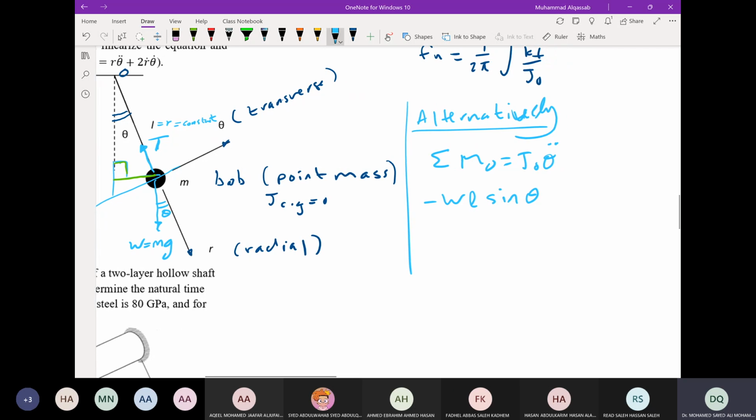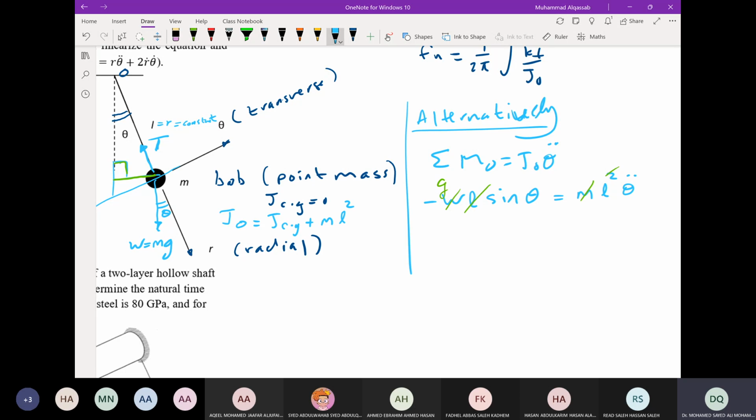For the bob mass, use the parallel axis theorem. What is JO? JO is JCG plus M times the distance squared, which is L. Since JCG is 0 for the bob mass, this becomes only ML squared theta double dot. When you simplify, one L will cancel out with L, and M will give you g.